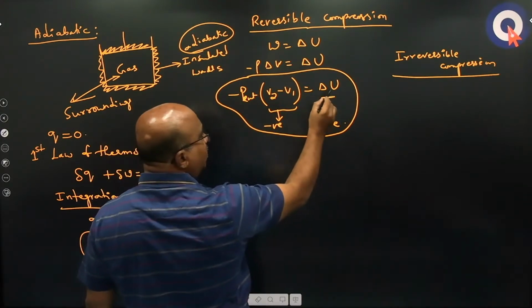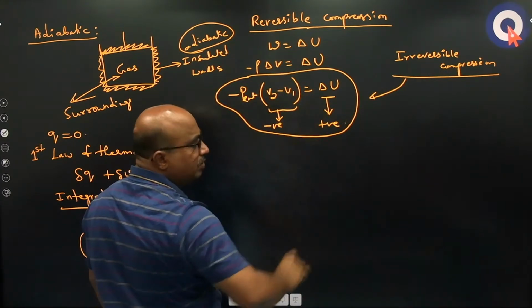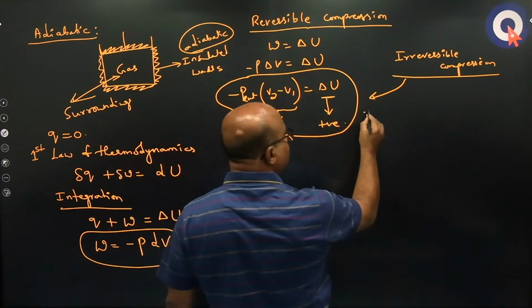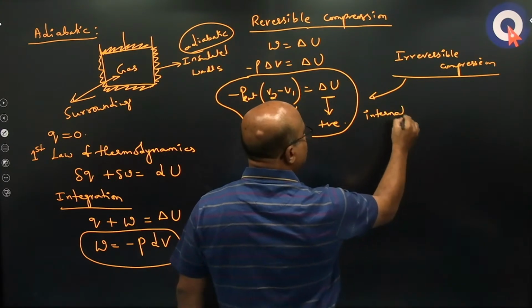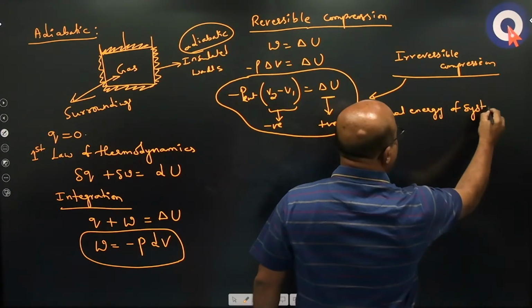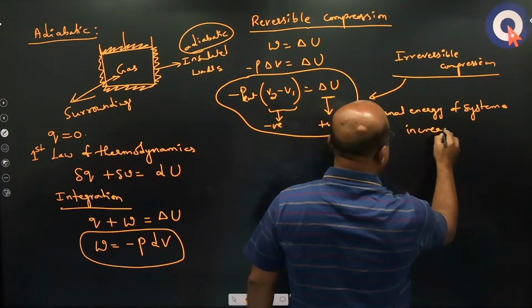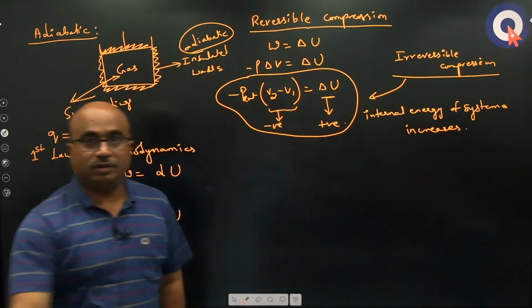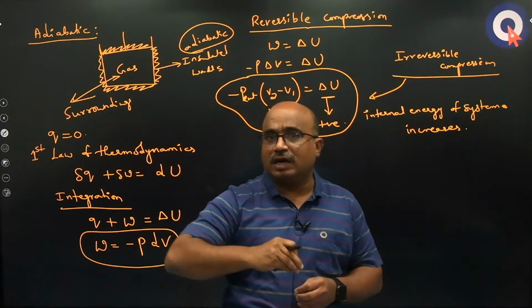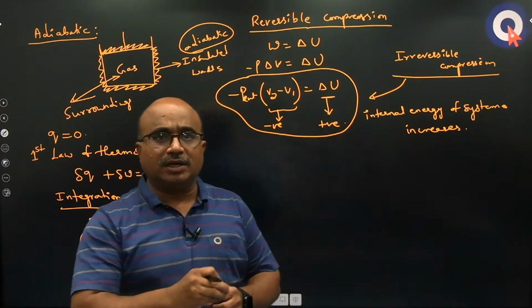So that delta U will be positive. So during the reversible and irreversible compressions, both, there is delta U positive. That means internal energy of the system usually increases. So in an adiabatic process, since work is done on the system, which is a positive work, the internal energy is increasing.